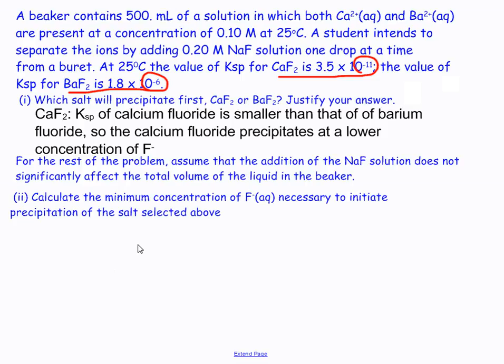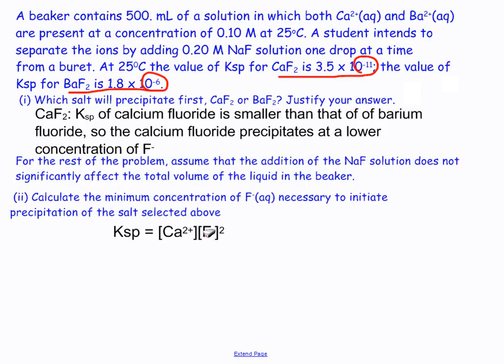Okay, so the second problem, I need my KSP. It's the calcium ion times the fluoride ion squared. And let's figure out what I need to figure out. I know my KSP, it's written up here. I know my calcium ion is 0.1 molar. The only thing I don't know is my fluoride ion.